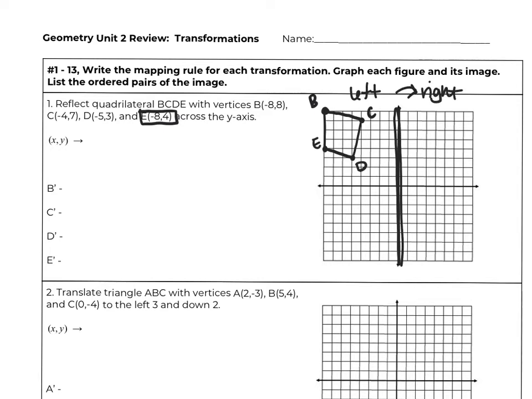Okay, I actually just do this visually, so I just kind of look and decide basically what matches up here. So like C is 1, 2, 3, 4 from that line, so I want to go 1, 2, 3, 4 on the other side, and that is C prime.